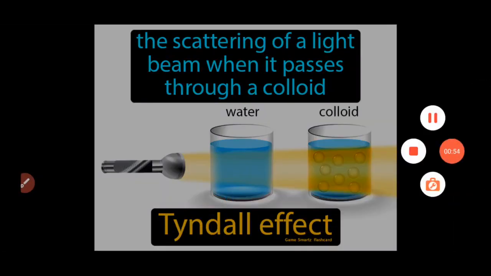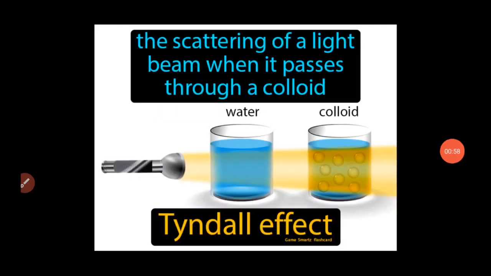Students, Tyndall effect is an important 2-mark question. The scattering of light rays by the colloidal particles in a colloidal solution is called Tyndall scattering or Tyndall effect. In this picture, there are two jars containing water and colloidal solution. In the first jar, the light rays are not scattered.